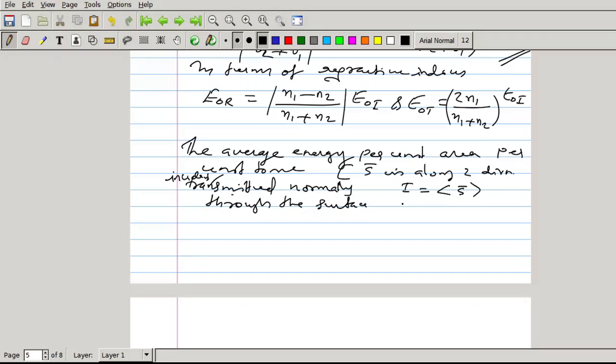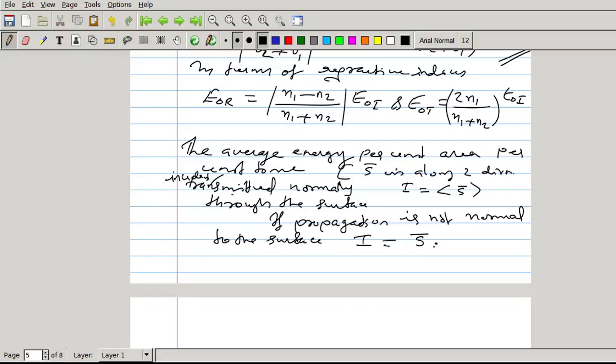If propagation is not normal to the surface, then the intensity will be the component of energy transmitted per unit area per unit time along the normal direction.